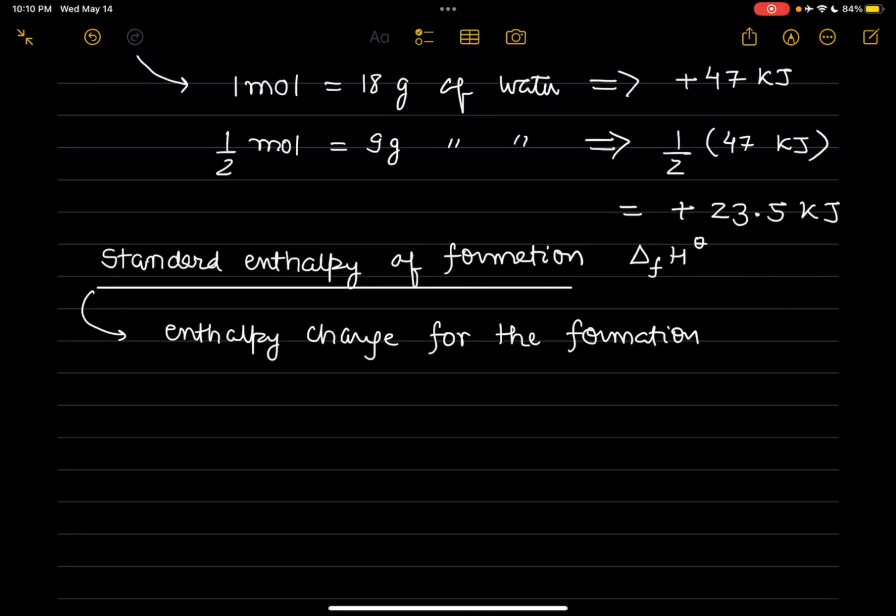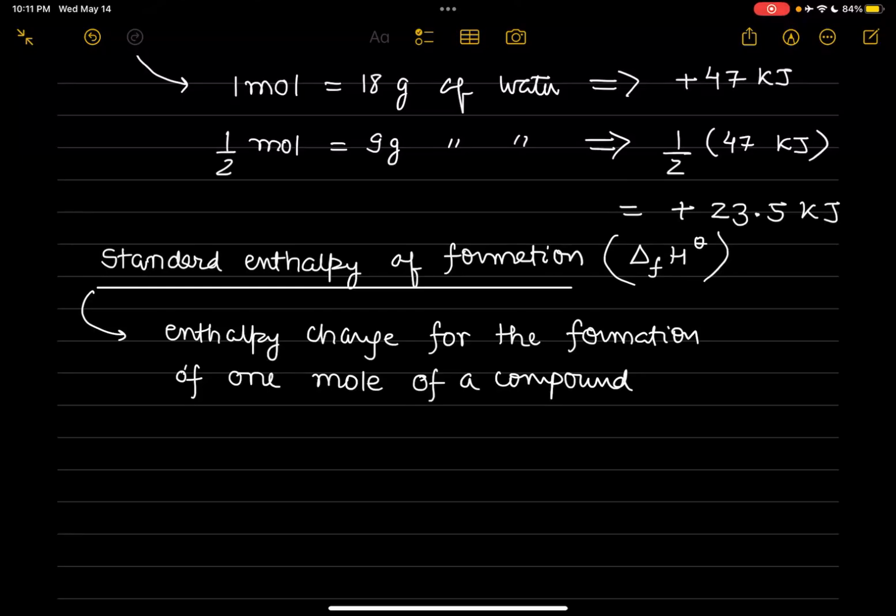Because it is standard enthalpy change, let's homogenize it to 1 mole. So it is the standard enthalpy change for the formation of 1 mole of a compound. Otherwise, we will never be able to fix it, because 10 moles will have a 10 times higher value than for 1 mole. So let's compare for the one.